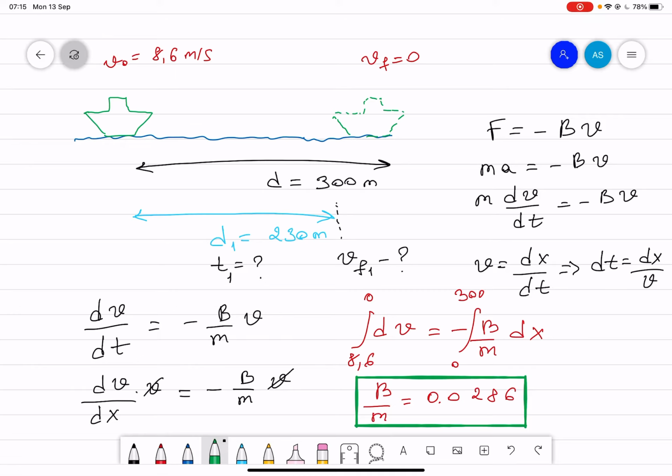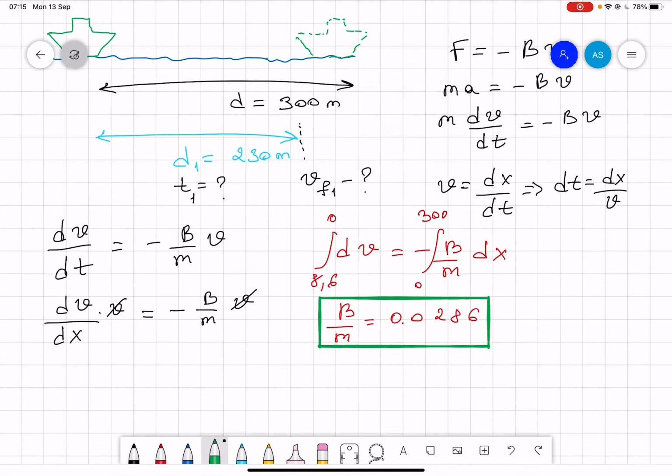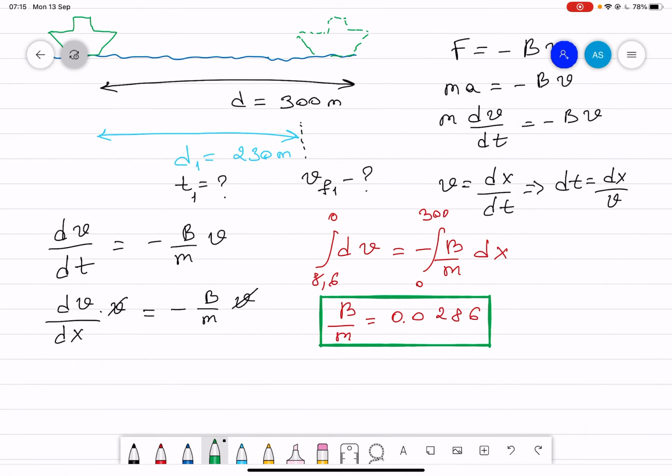Then what is next? The next thing is to come back to the equation where we had dv over dt is equal to the negative b over m times v.